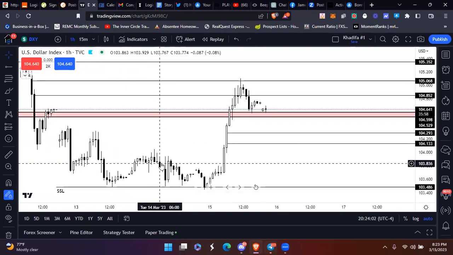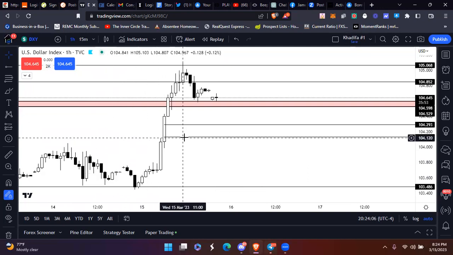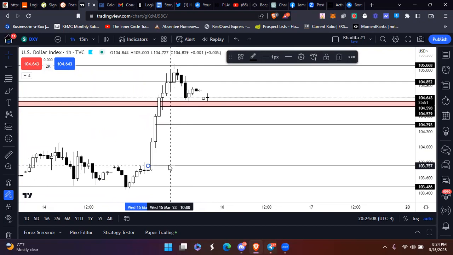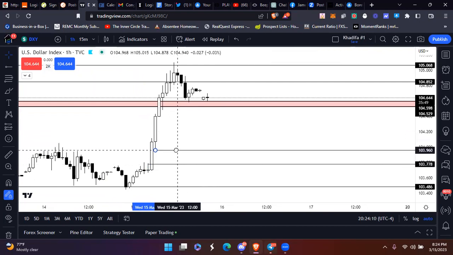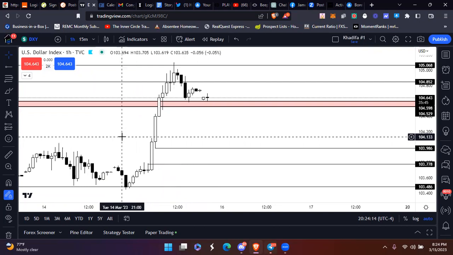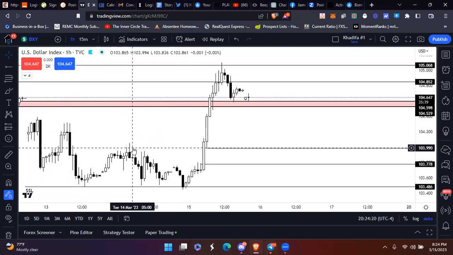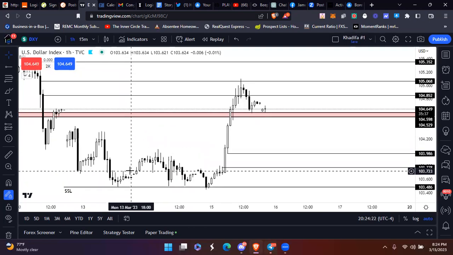So preferably what we want to see after the break of market structure is a breakaway fair value gap, simply because it's more bullish and it's a higher probability trade than just a regular fair value gap, if that makes sense.